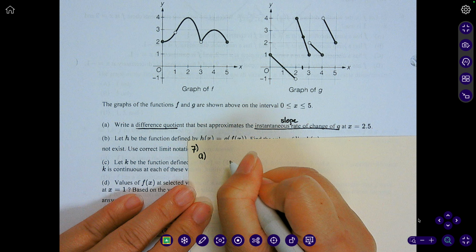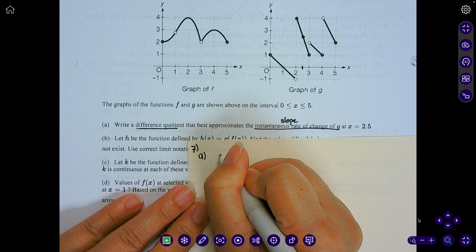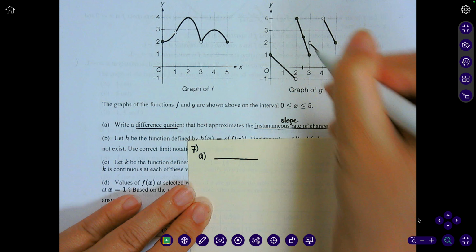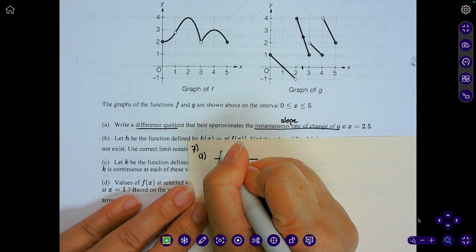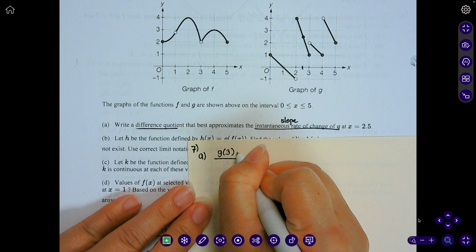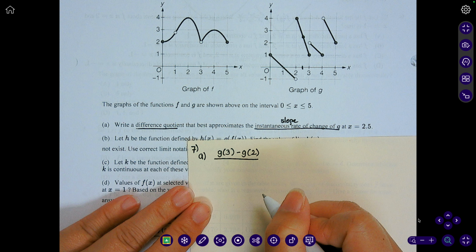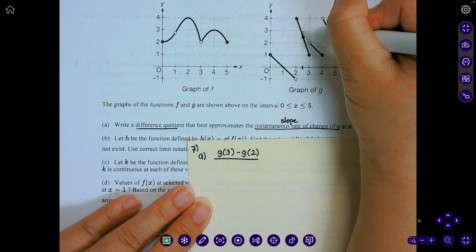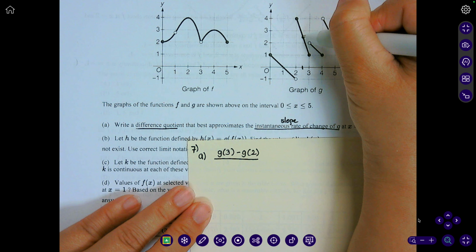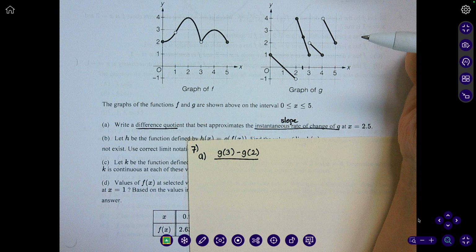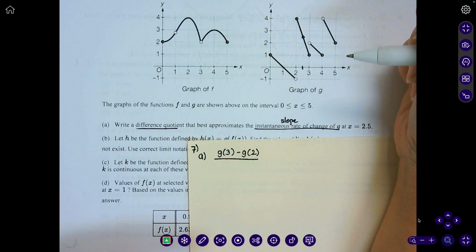To find the slope at 2.5, I can find the difference in my y. In this case, that is g of 3 minus g of 2, because 2.5 is in between. I don't really need to find two numbers very close to 2.5, because on a line, the slope is always the same. So I can just pick these two.